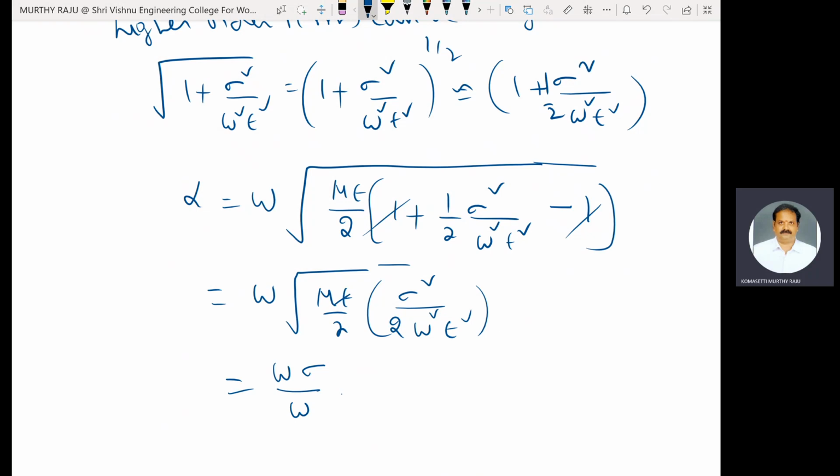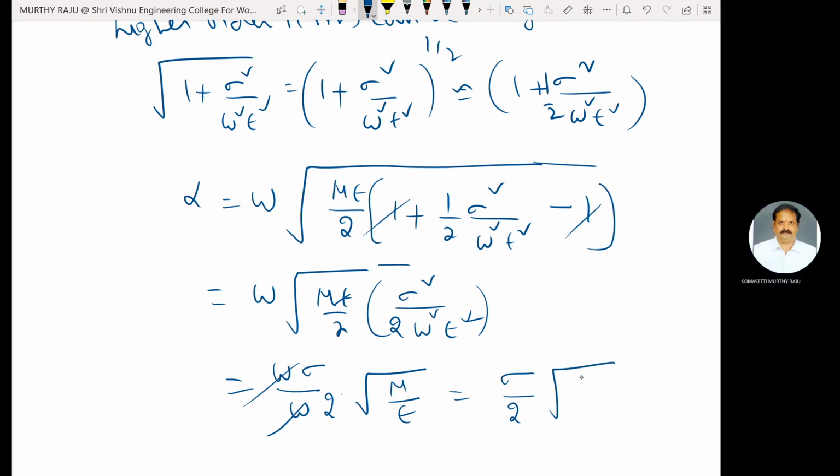Epsilon one time cancels, that is mu by epsilon. The 2 here is brought outside, omega is cancelled. Finally, alpha is equal to sigma by 2 square root of mu by epsilon.